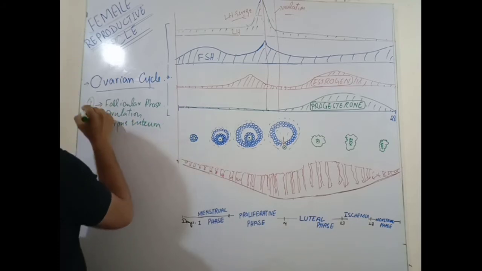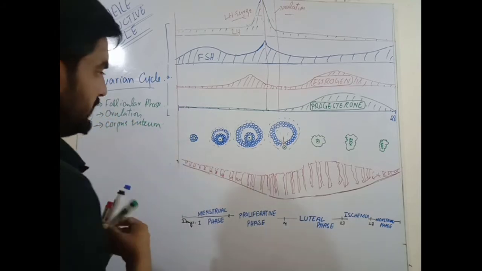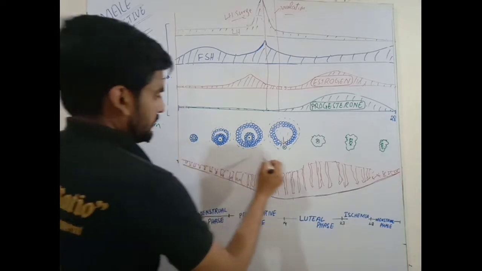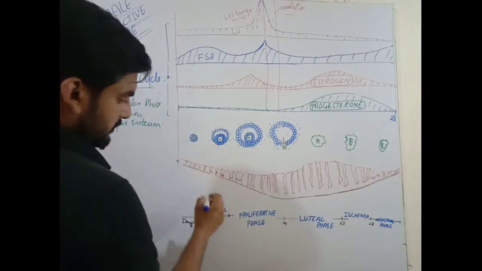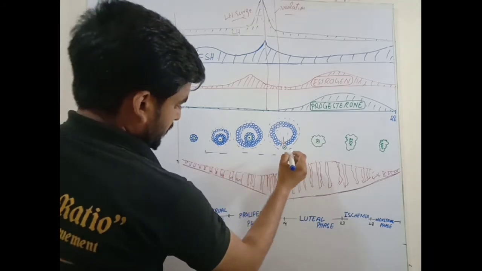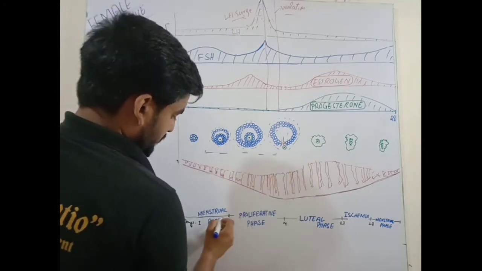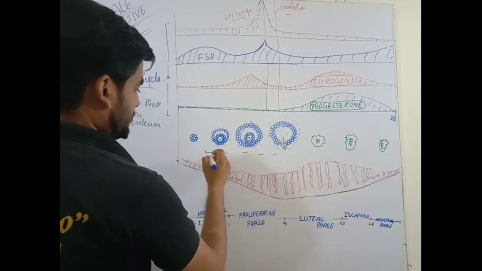These are the three phases of the ovarian cycle. We will see this throughout the ovarian cycle. This is the starting follicular phase. Follicular development is going to start. We can see here, this is the follicular phase.